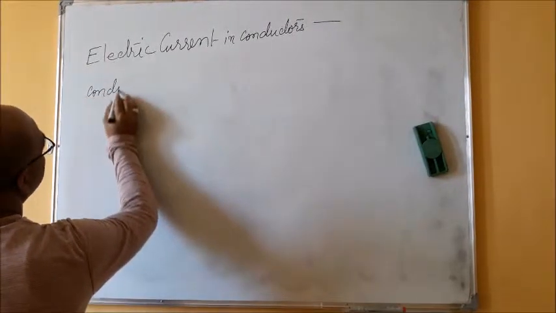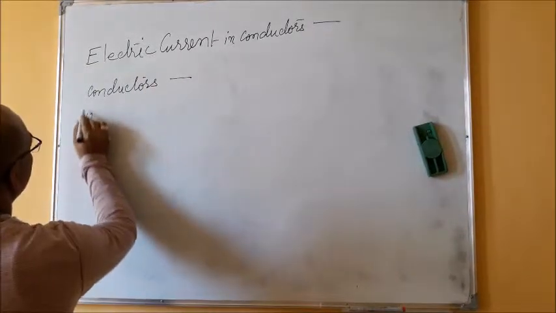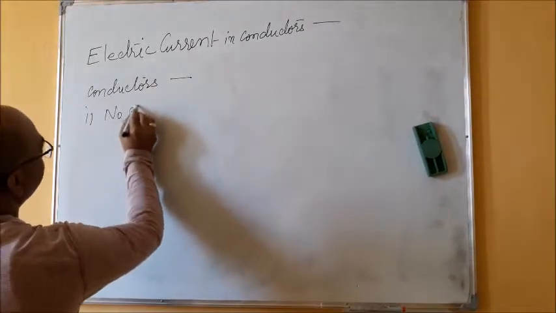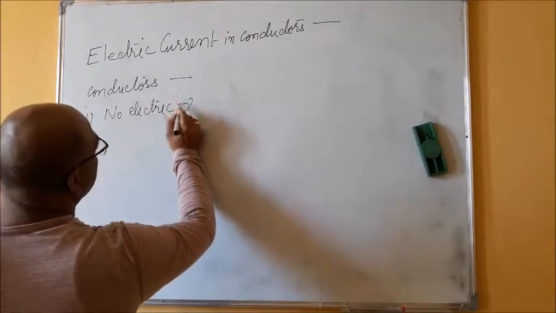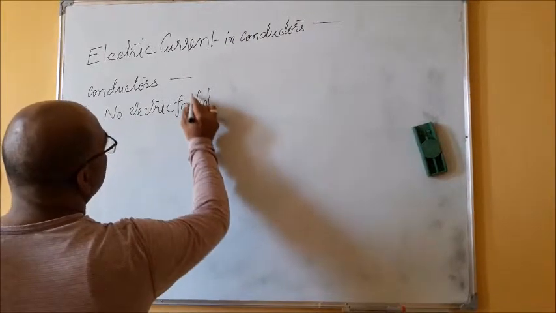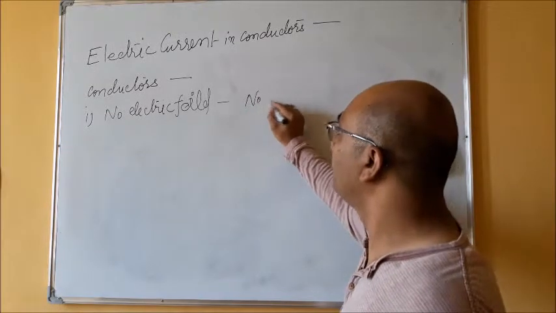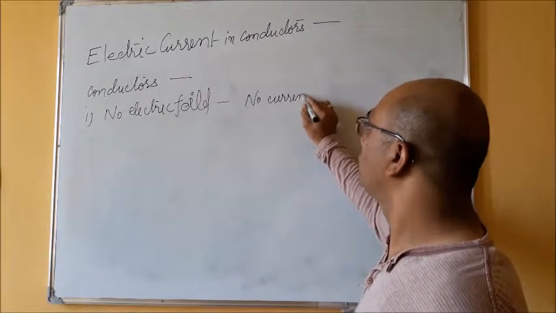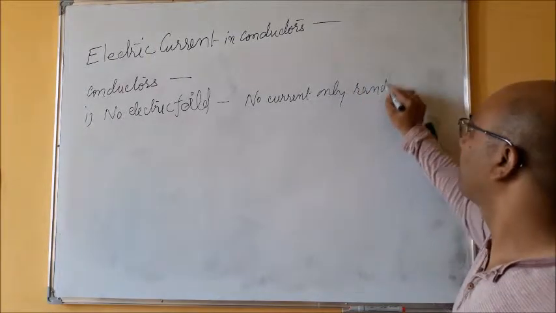Conductor: number 1, no electric field. So when we have no electric field, there is no current, only random motion.